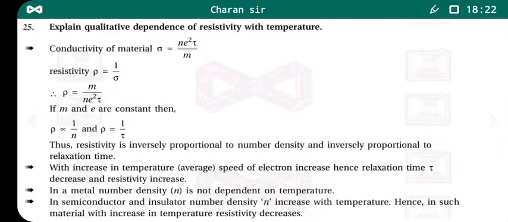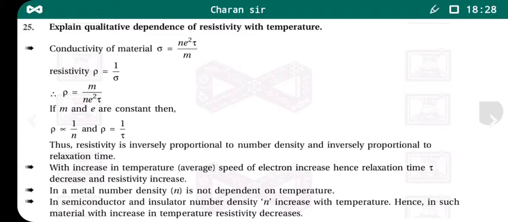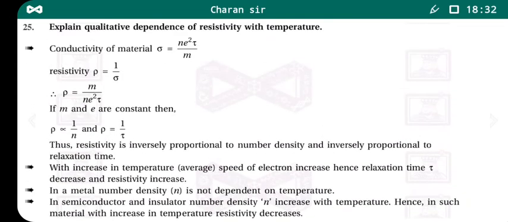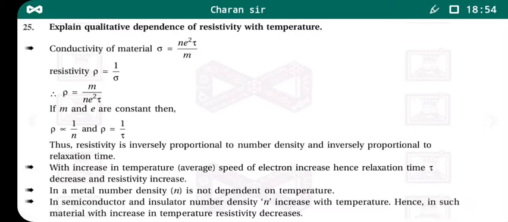Now, some mistake is there. We cannot draw on this slide. So for that we switch over to the previous slide, and there I discuss the dependence of the resistivity on relaxation time and the number of electrons per unit volume.